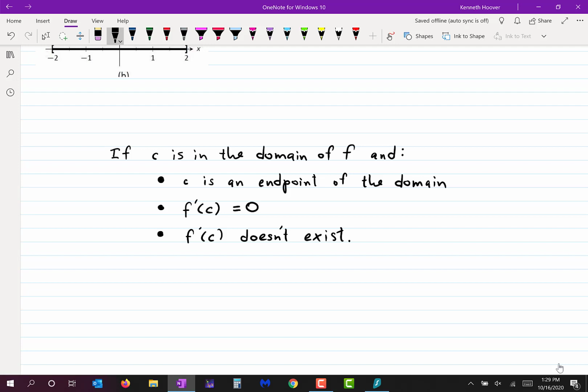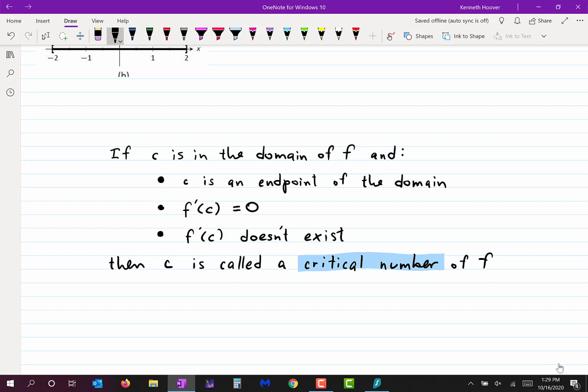If any of those three happens, then c is called a critical number of f.